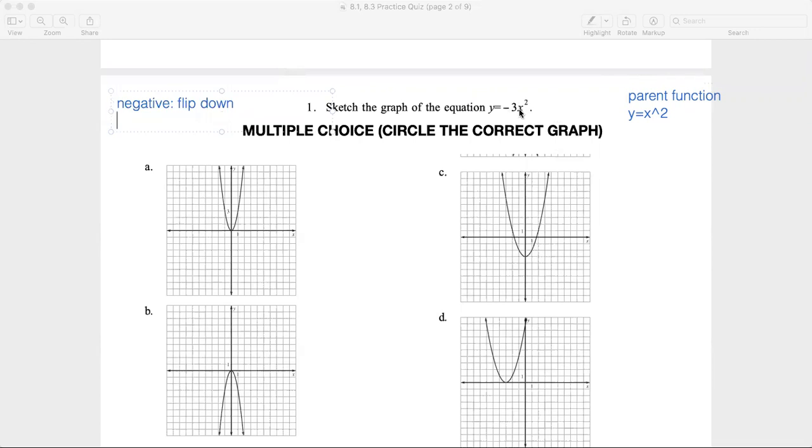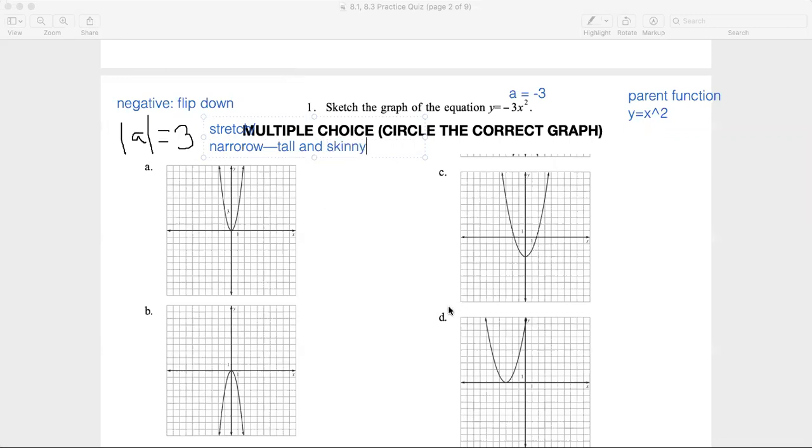And then the fact that your a value, now I know a is negative 3, but when you ignore the negatives, the fact that it's a 3, which is greater than 1, so we would say the absolute value of a is 3, means that it's going to be a stretch, or we would call it narrow. So that means it's going to be tall and skinny, okay?